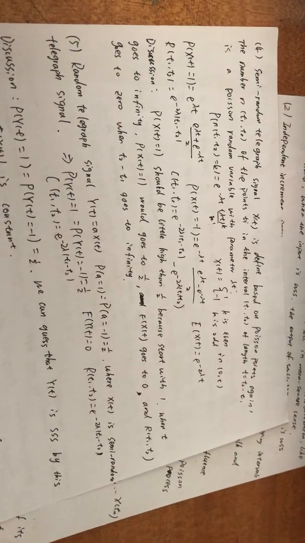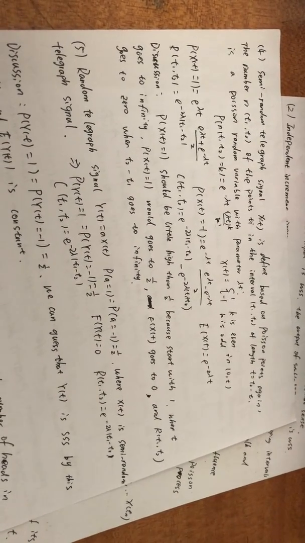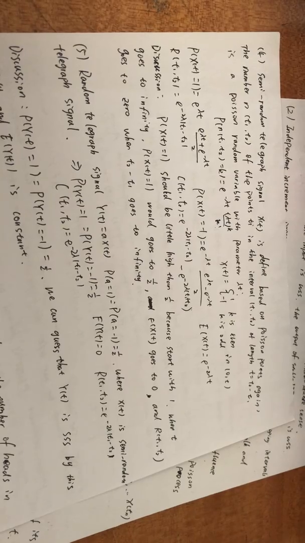And for the fourth example, it is a semi-random telegraph signal. This signal is defined based on Poisson points.